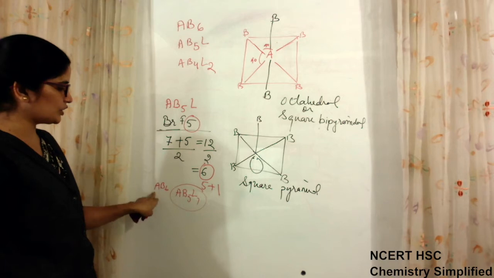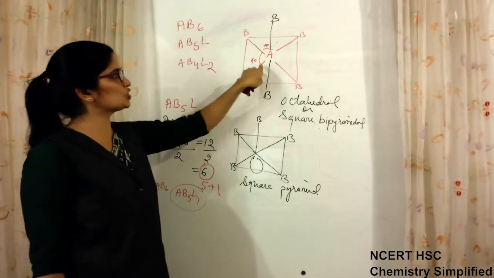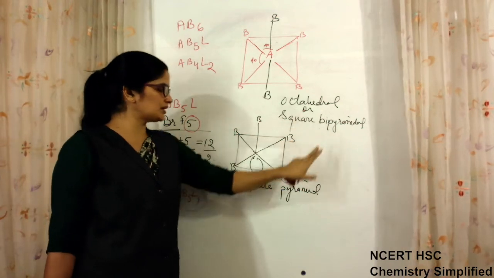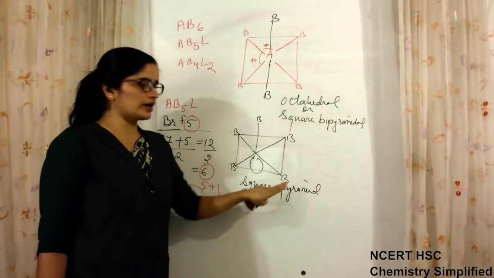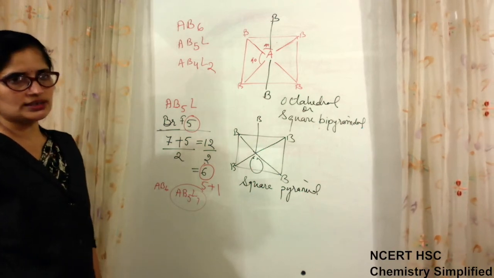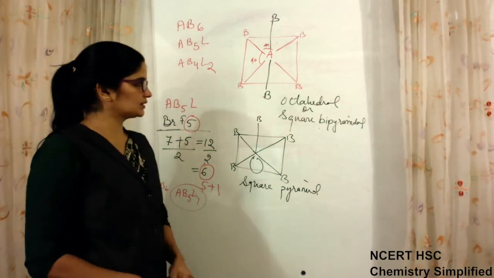Once we know it is equivalent to AB6, we will draw this structure and we will replace one bond by lone pair, and then square bipyramidal will become square pyramid. Bond angles we will not discuss. Clear?